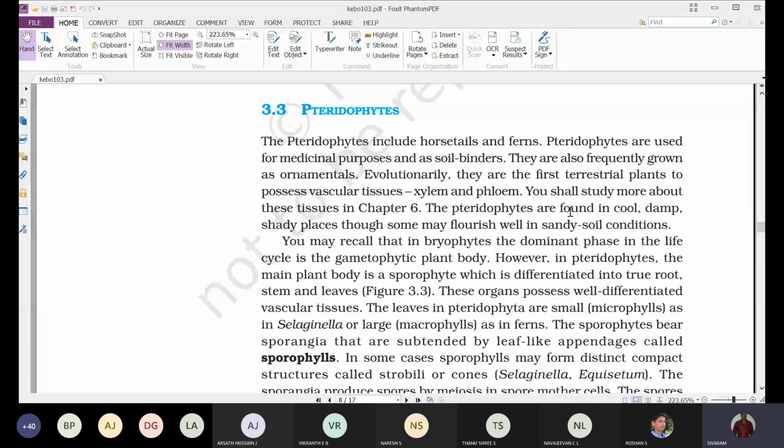Some may grow well in sandy soils where less moisture is maintained. So some are growing in damp places and some are growing in hot sandy conditions also.